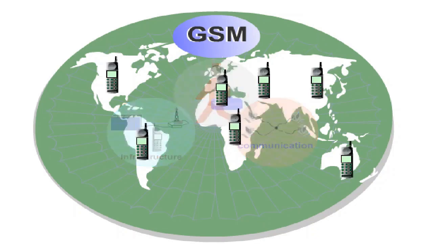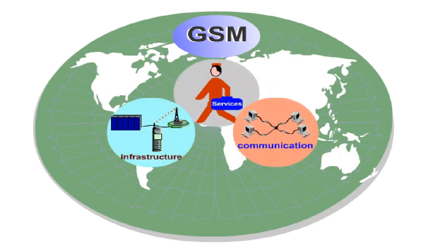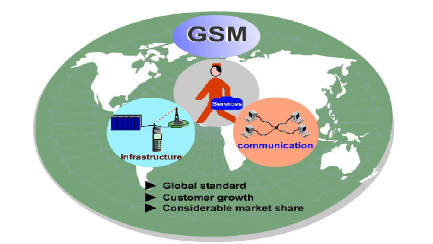All this has boosted the development of GSM. Now, over 300 network operators in 130 countries are offering GSM services. Over 150 million customers use GSM. And a considerable share of the worldwide telecommunication market goes to GSM products and services.